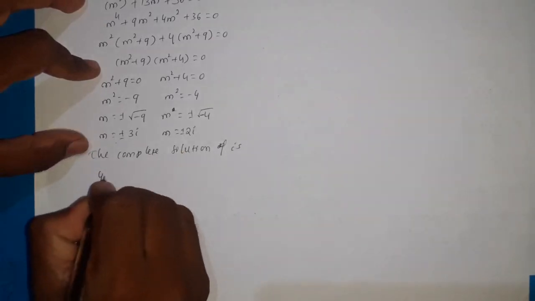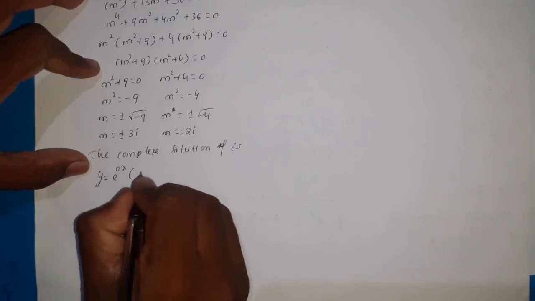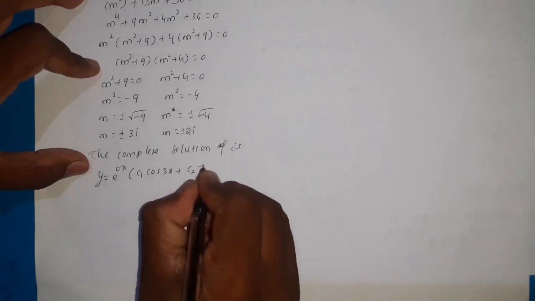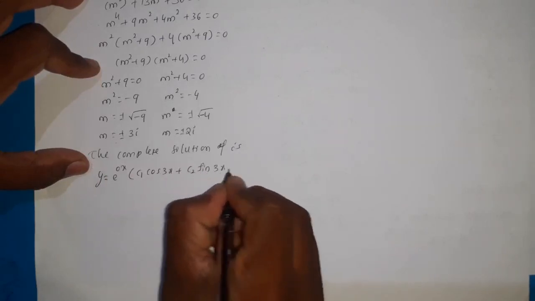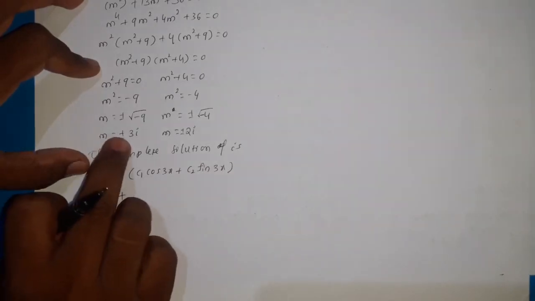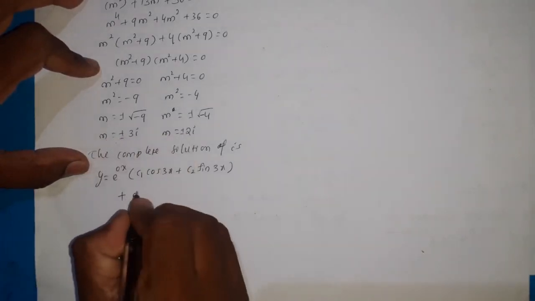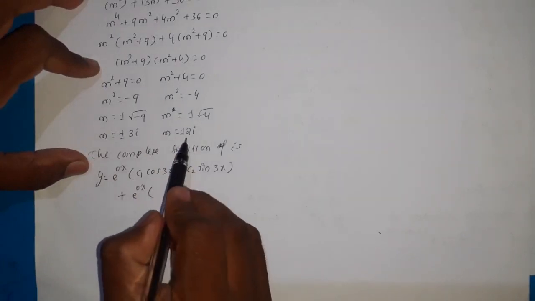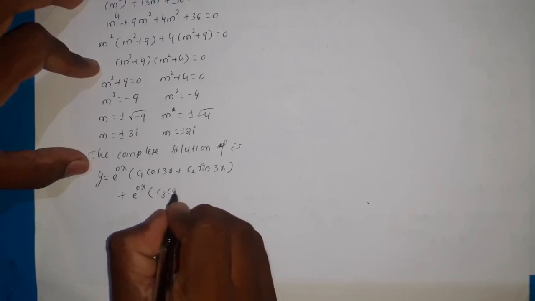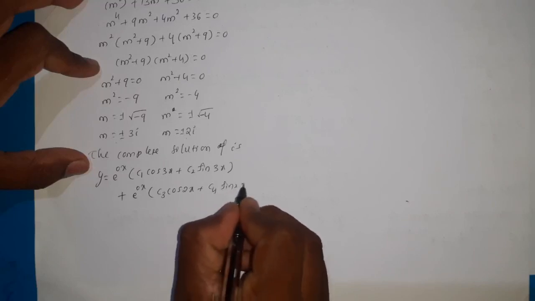is y is equal to e power alpha x, that is e power 0x, then c1 cos beta x, c2 sin beta x, so it is the complementary function for the first complex root. Then for the second complex root, again e power 0x, because here also there is no real part, means alpha is equal to 0, then c3 cos 2x and c4 sin 2x.